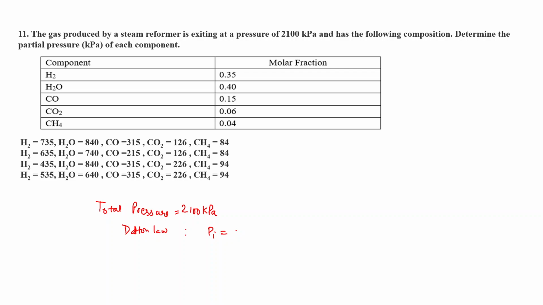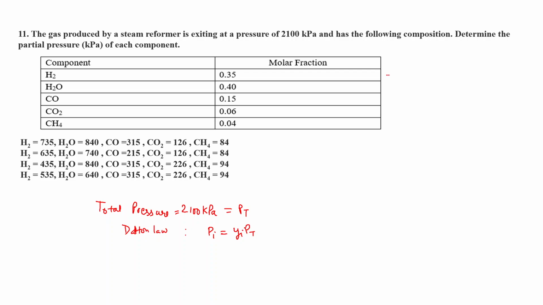Pi equals yi into Pt. Basically, this is Pt. So this is the partial pressure of i in a mixture of different gases.